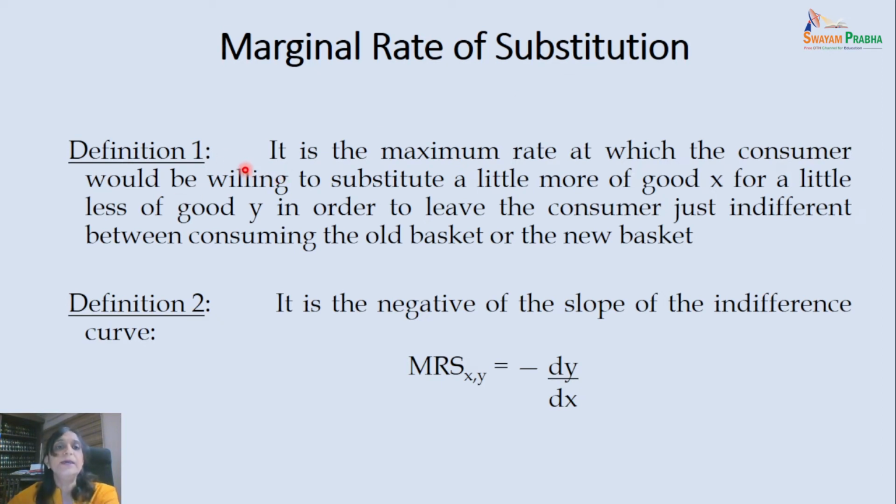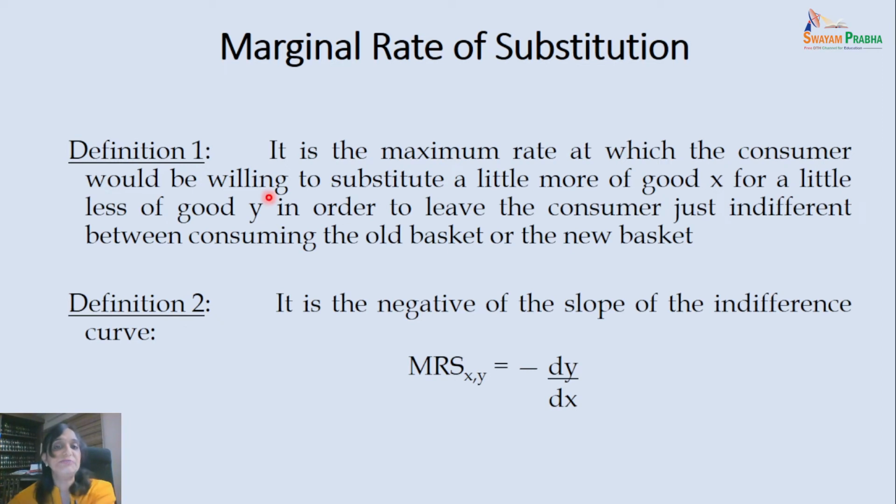Let us see. We say it is the maximum rate at which the consumer would be willing to substitute a little more of good X for a little less of good Y in order to leave the consumer just indifferent between consuming the old basket or the new basket.